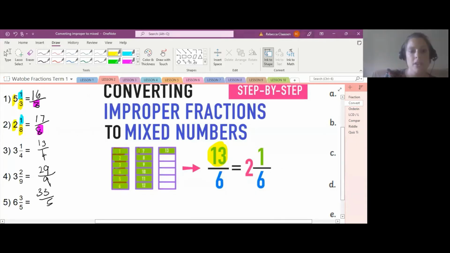There's my 7th slice, 8th, 9th, 10th, 11th, and 12th slice. Now, do I have enough slices yet? No, and I've run out of cake. So I'm going to have to go to Checkers and buy a 3rd cake. I'm going to use 1 slice out of that cake, and that's going to give me 13 slices. Remember, my denominator tells me how many slices there are in my whole.